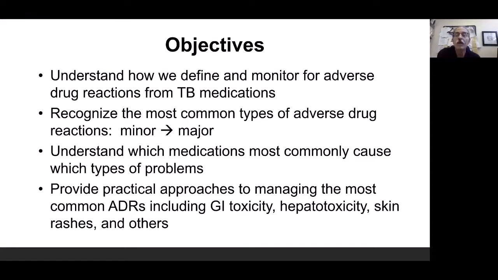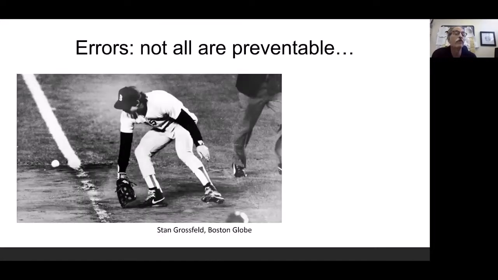But to start with, I think it's important to understand that we can make lots of errors in terms of how we manage adverse reactions in patients. And when we talk about medical errors, it's important to recognize that not all errors are preventable.